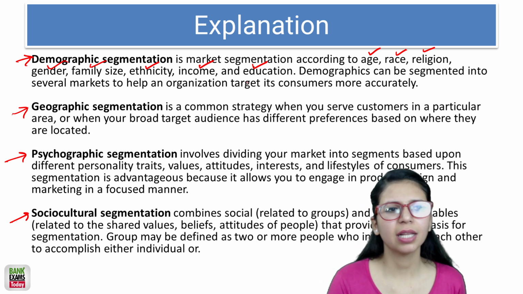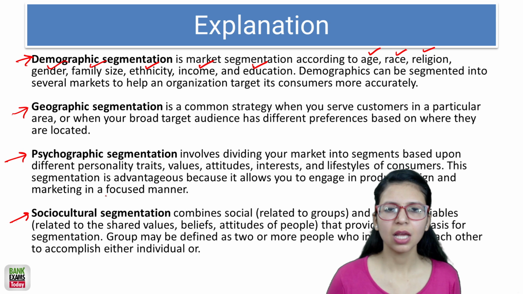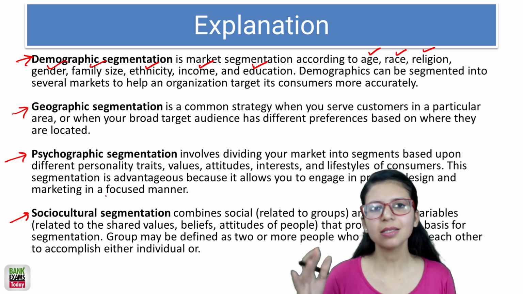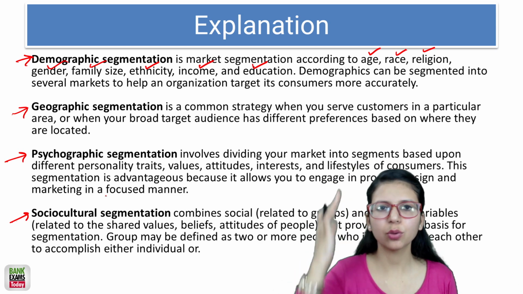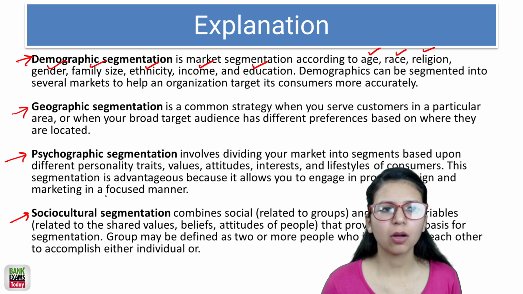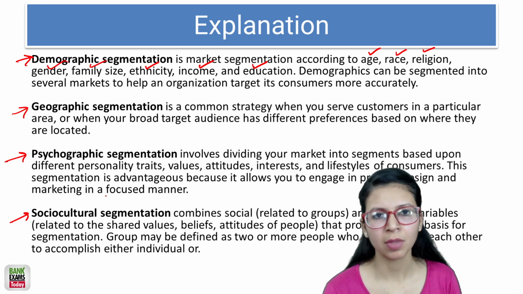And this is from market segmentation. Market segmentation is what it is all about. The market is segmented, or divided, into four parts, according to demography, geography, psychography, and socio-cultural factors. Okay.